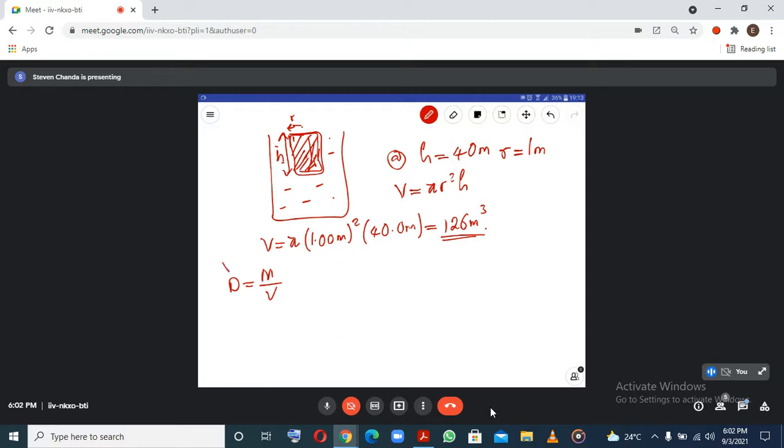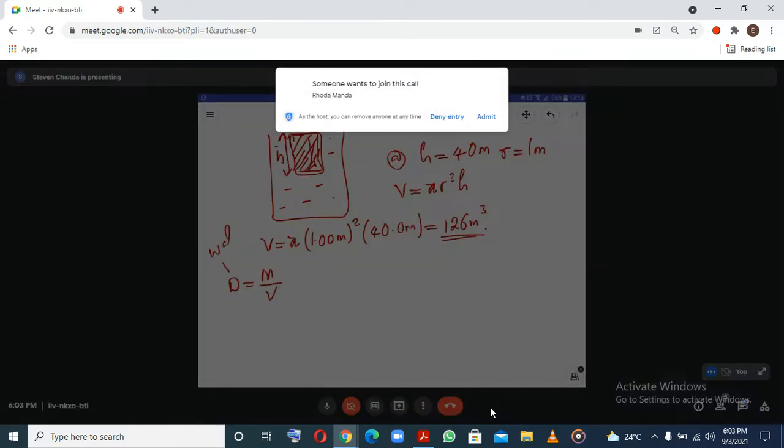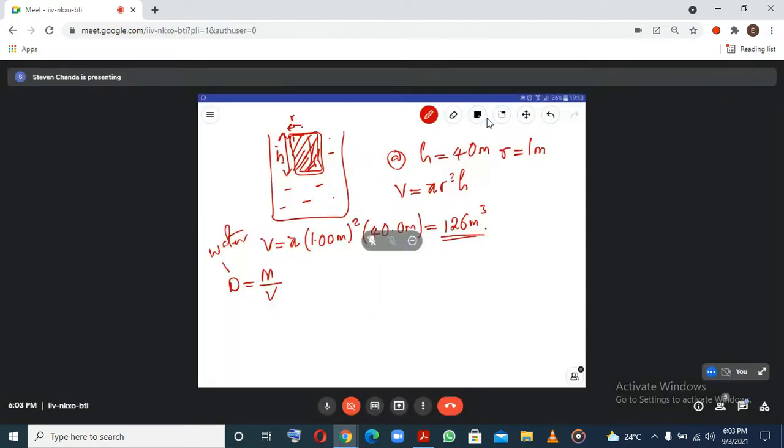So the density you're going to use is for water, which we discussed last week. Then the volume is what we've calculated. So can we calculate the mass? Definitely.